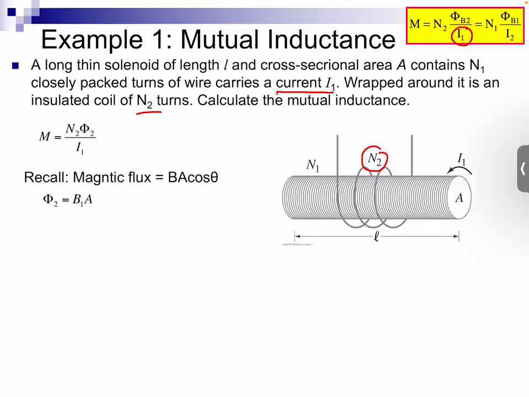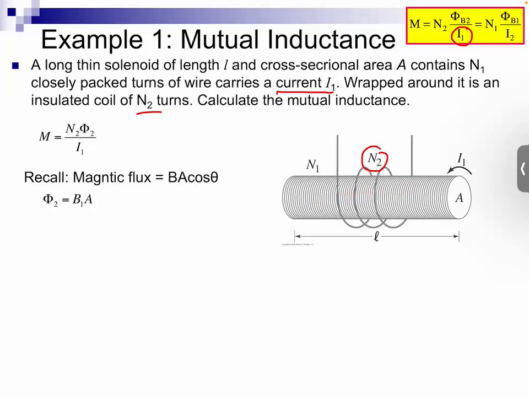And we know that magnetic flux is defined as B times A times cosine theta. Now we're looking at the magnetic flux through coil 2. We want to find how many field lines are crossing coil 2. But remember that it's the current in coil 1 that generates the magnetic field that crosses through coil 2.